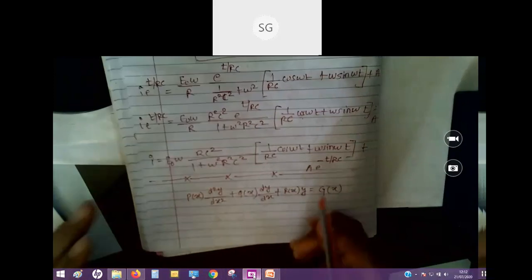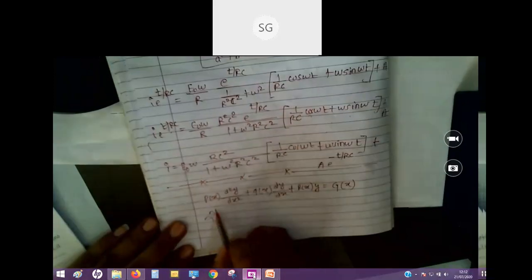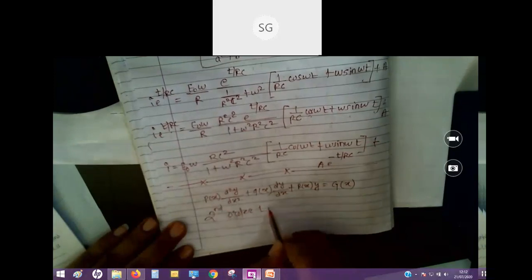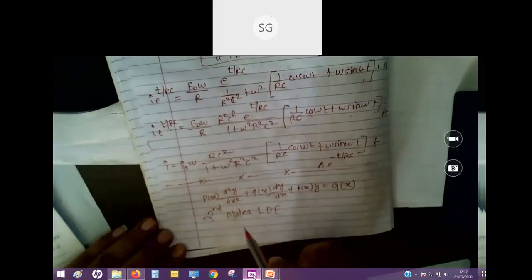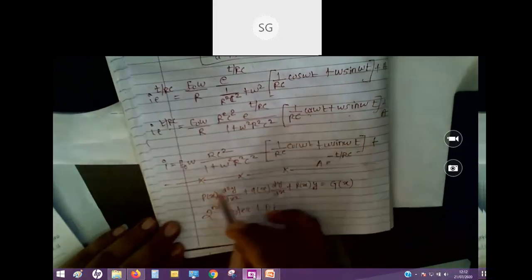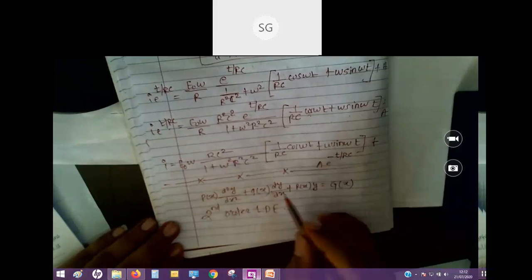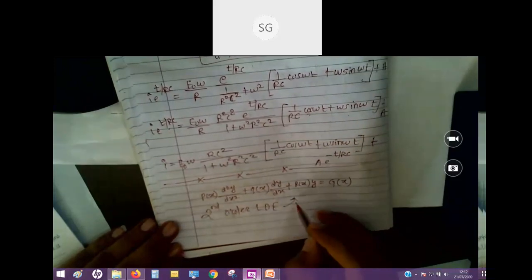This is the general form of a second order linear differential equation.